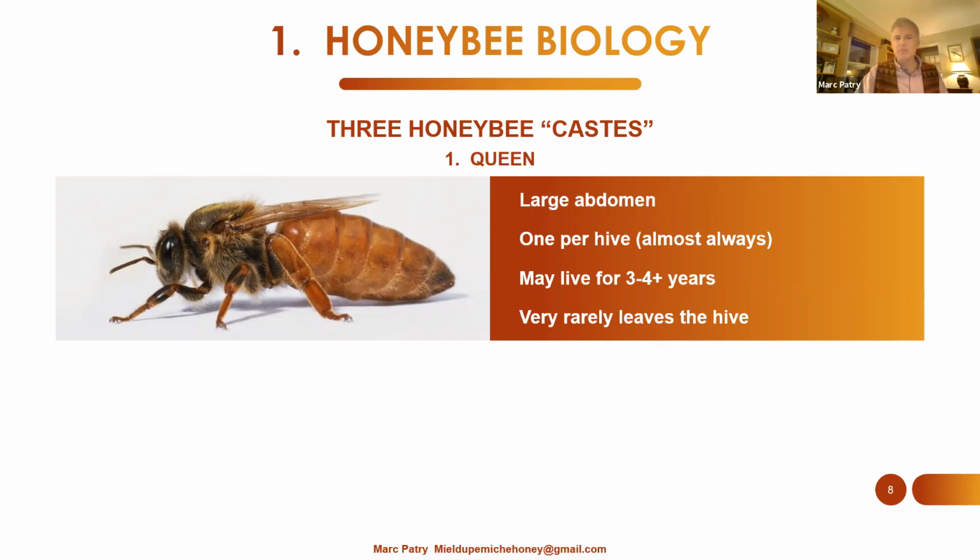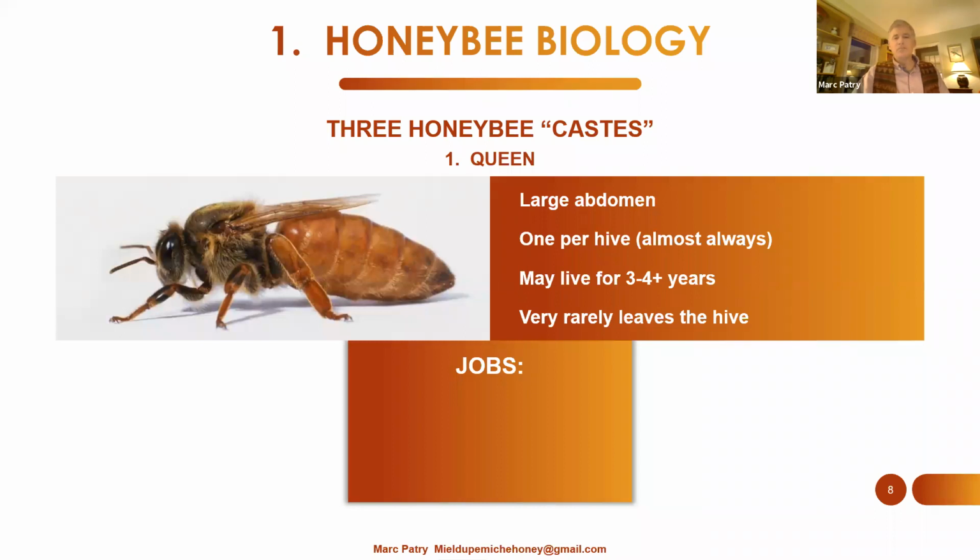Under exceptional circumstances, she does. We'll talk about that. What does she do? She lays eggs. And she establishes new colonies by heading out in a swarm. We'll talk about swarms a little later today. So that's part of honeybee biology, the swarming aspect of things. All beekeepers, one of your main jobs will be to watch out for swarms and decide how you want to handle that. It's your choice on how you want to manage your swarms.